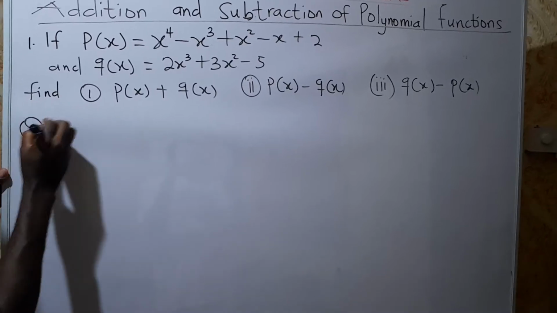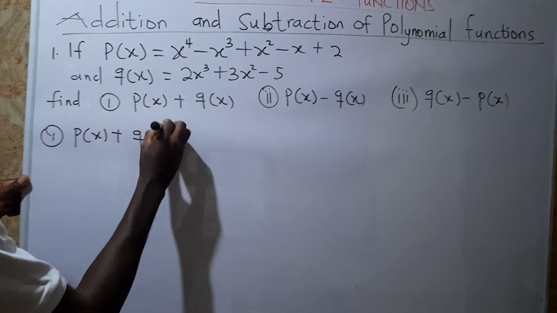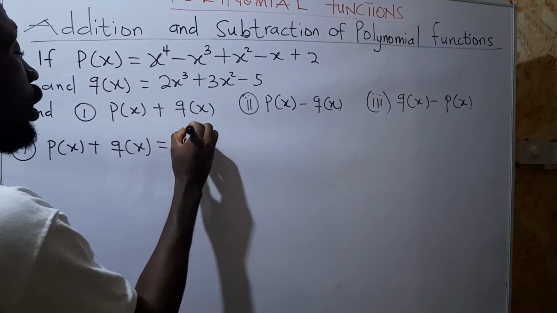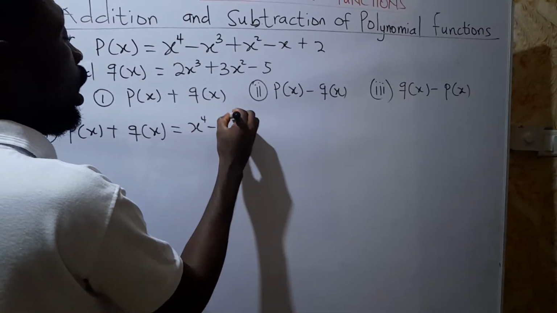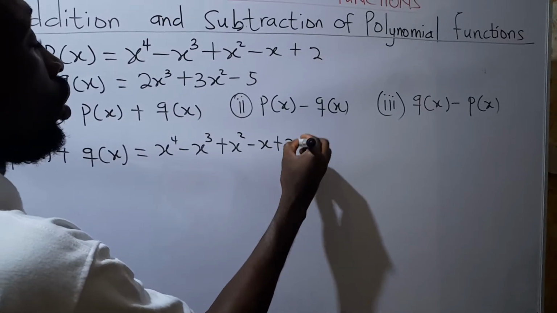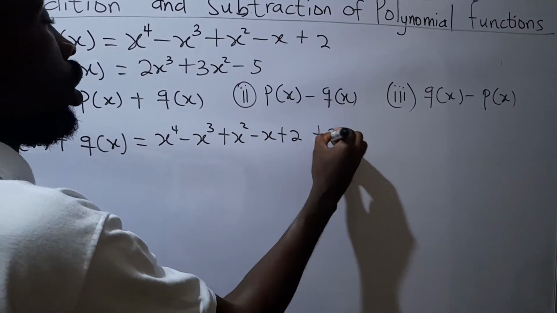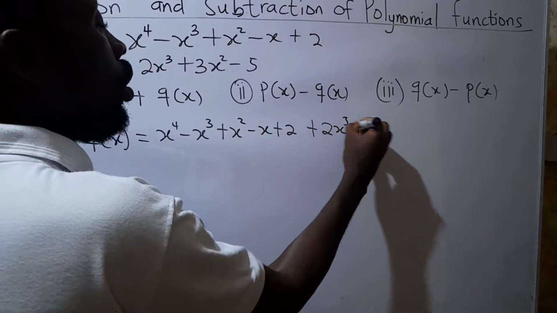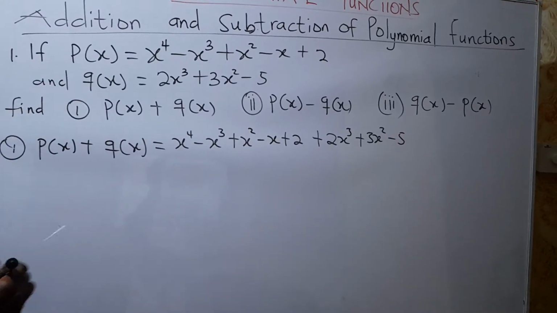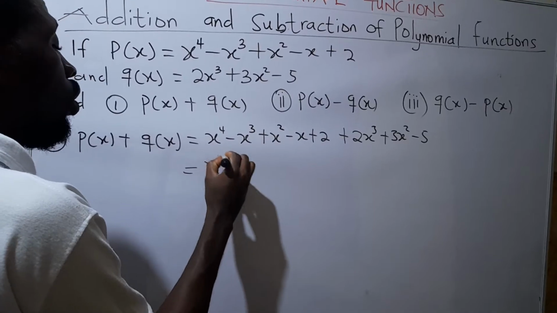The first one, p of x plus q of x, will be equal to p, which is x exponent 4 minus x cubed plus x squared minus x plus 2, plus q of x, which is 2x cubed plus 3x squared minus 5. What do we do? We group like terms. So we have x exponent 4.